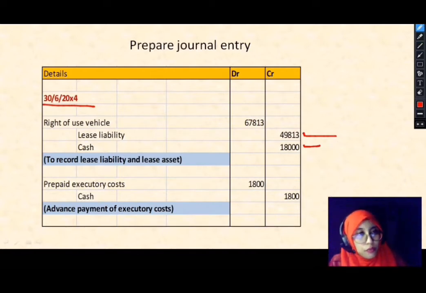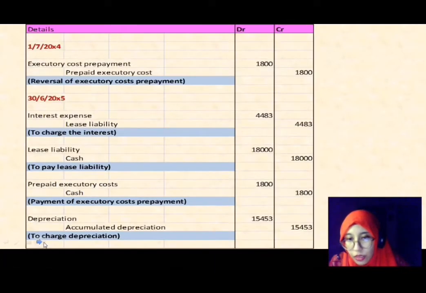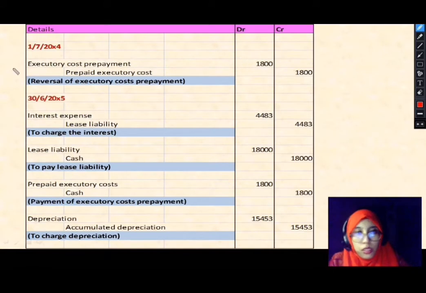Okay, so moving on to the next year. At the beginning of the year, we need to do the reversal of the executory cost prepayment. So debit executory cost and credit prepaid executory cost, which is the amount of 1,800 that was prepaid, will be no more. So it's already deducted at the beginning of the year.